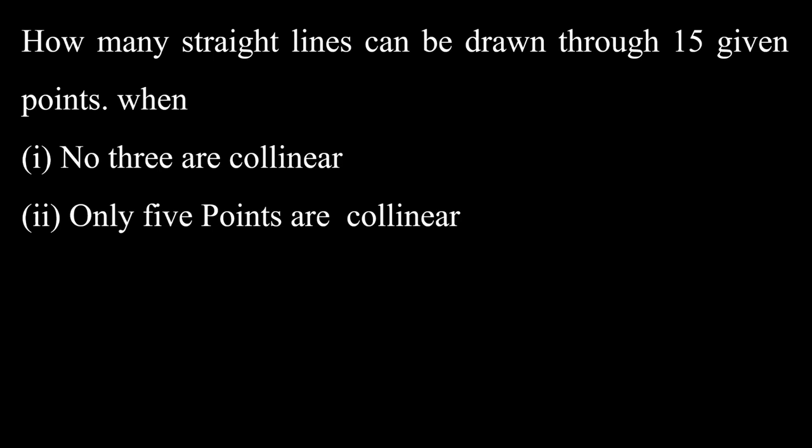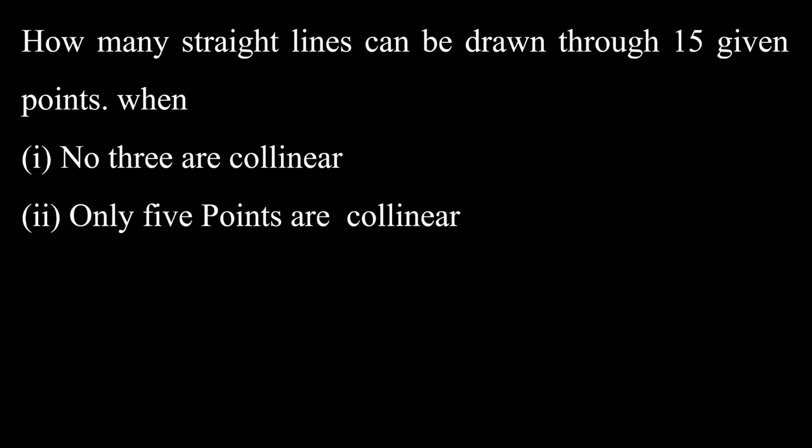First of all, what does collinear mean? Recall your intermediate, second year mathematics. When 3 points are given and you calculate the area of the triangle equal to 0, then we call them collinear.